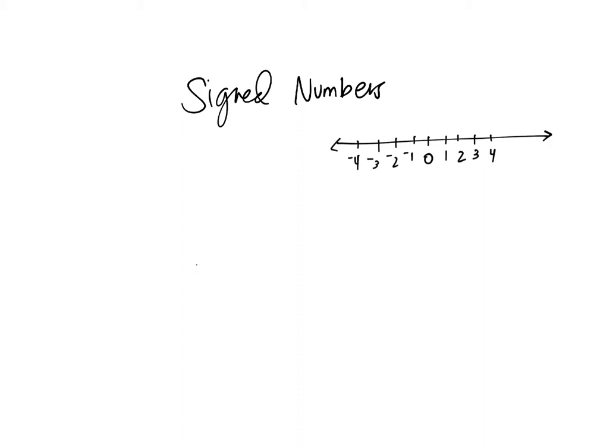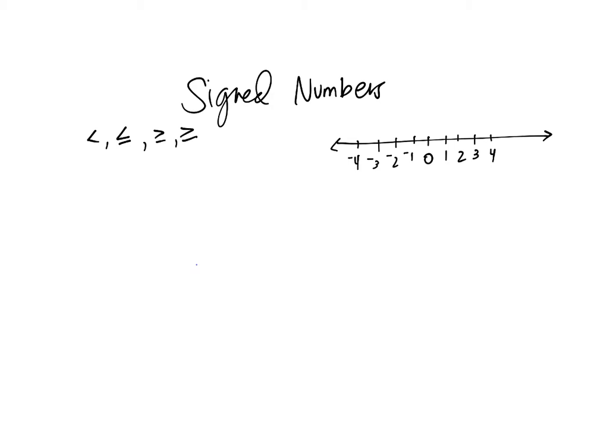Numbers that are smaller in value are on the left side of the number line, while the numbers that are greater in value are on the right side. And we use symbols like less than, less than or equal to, greater than, and greater than or equal to indicate these relationships.